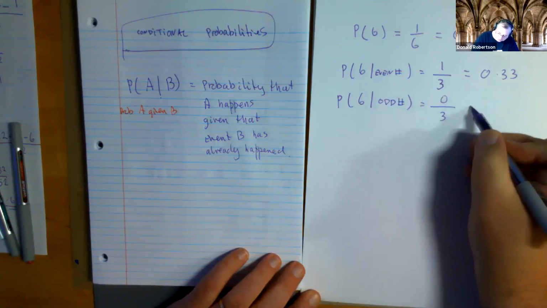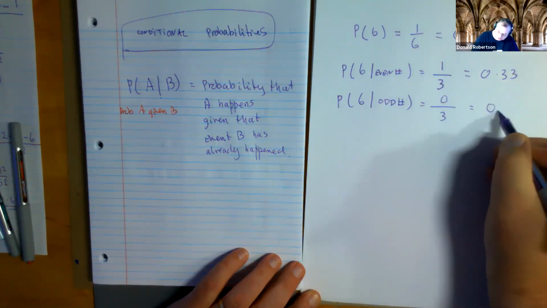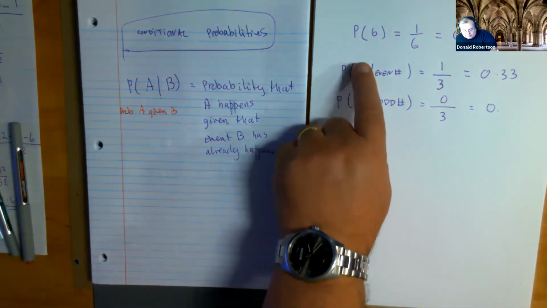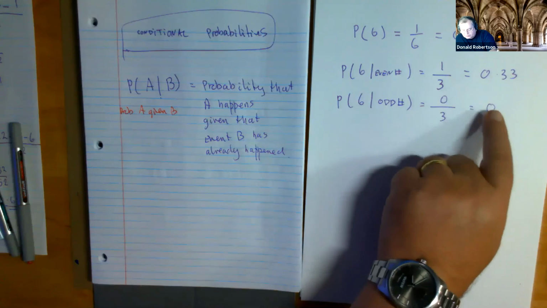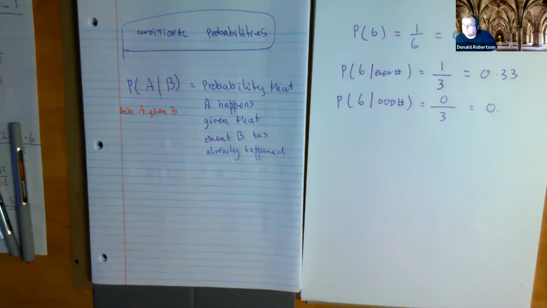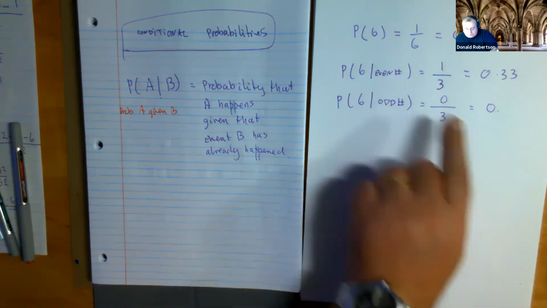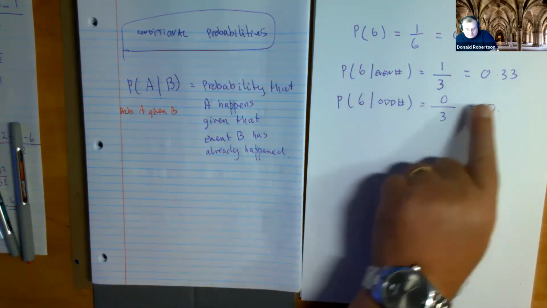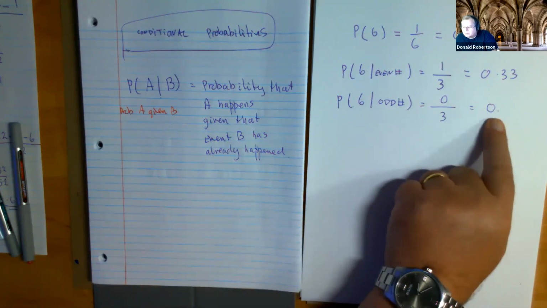Unfortunately, none of those are 6s. Do you see that these 2 conditional probabilities are quite different from each other? Some information will improve your chances of winning, and won't other information make it much harder, if not impossible, to win?